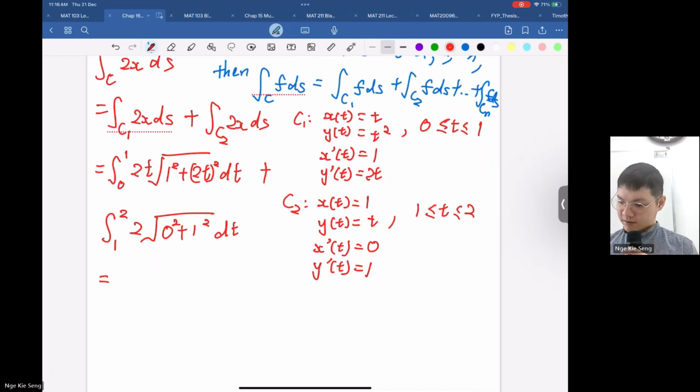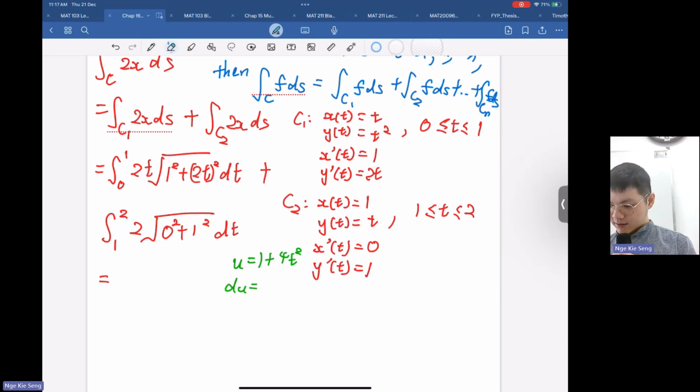For the first integral, you use u equals 1 plus 4t squared, for example. Then du equals 8t dt.